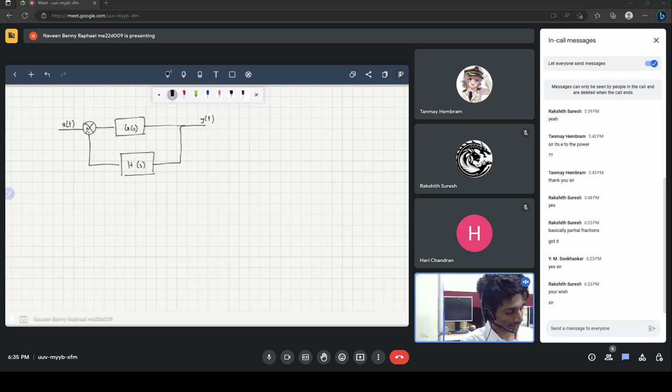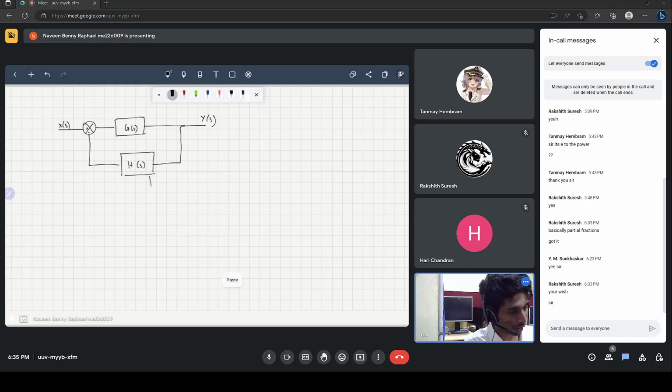We subtract the signal, and the result of the subtraction we give to the particular controller and actuator, and that gives us the output. But all of these are differential equations. But the moment you move to the S domain, everything just becomes a product, and that makes it very convenient.